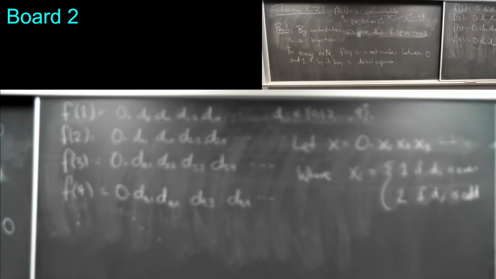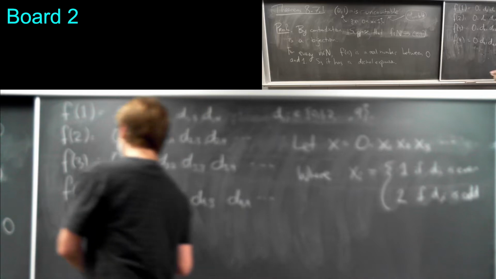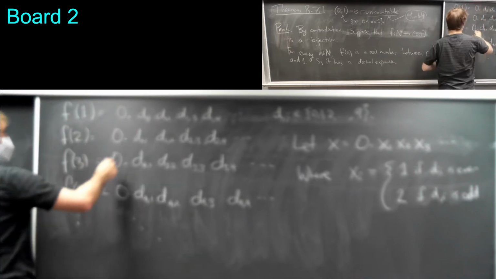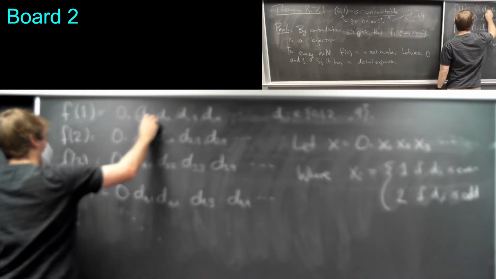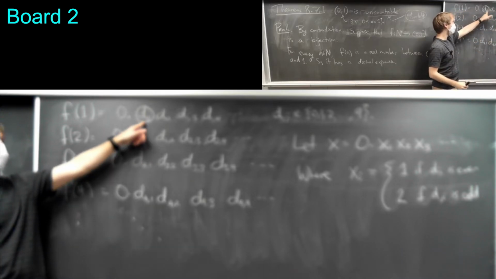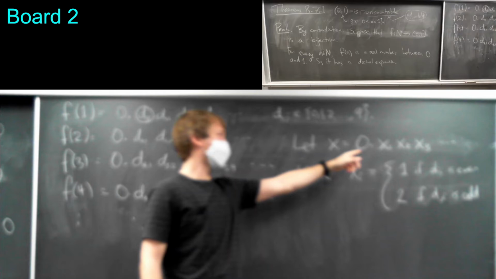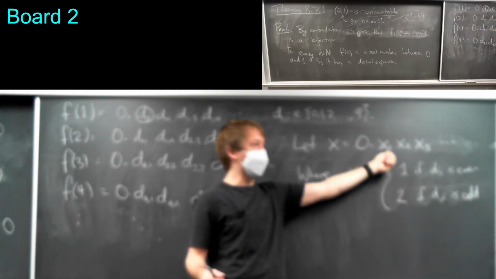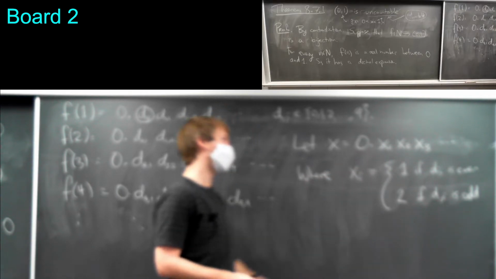Okay. So basically I take my function f, I look at f of 1, and I look at the number d_11. If this is even, then I make the first decimal of x a 1, and if it's odd, I make it a 2.